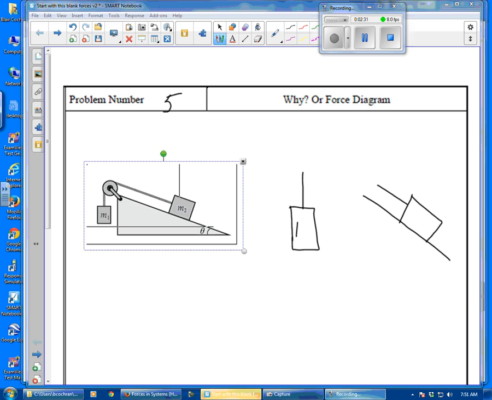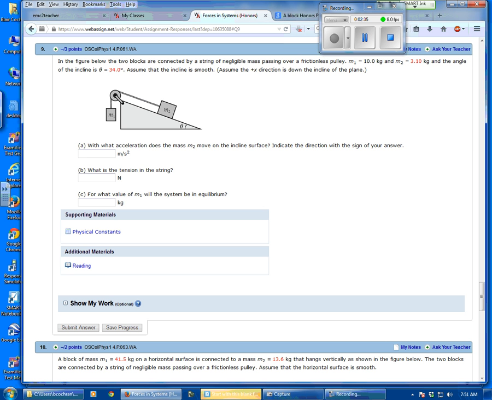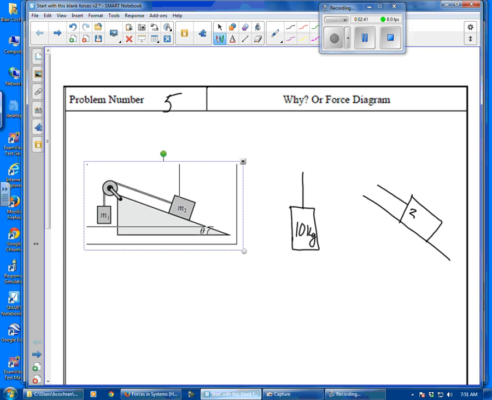So this is 10 kilograms. M2 for me is 3.1. So that means my system is 13.1 kilograms.